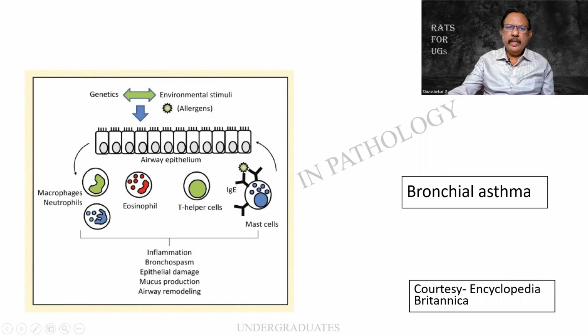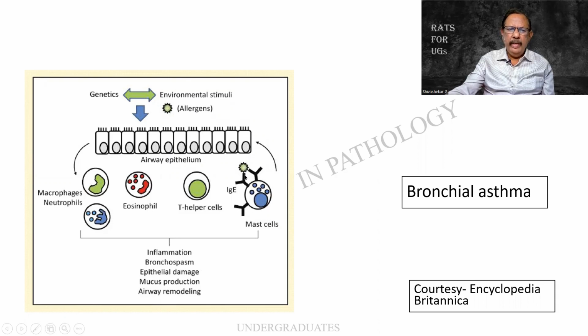I had chosen certain diseases as prototypes, one of which is bronchial asthma. This is the respiratory epithelium. It is getting exposed to an allergen. There are various inflammatory cells which are being activated. And this itself is a mast cell. It contains numerous granules.